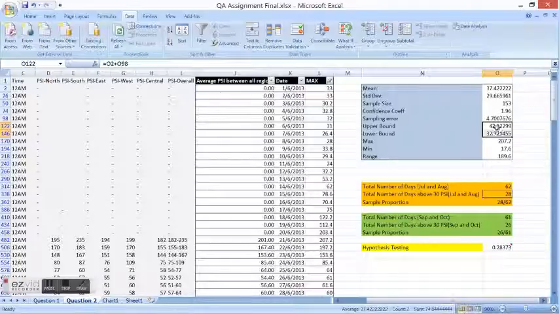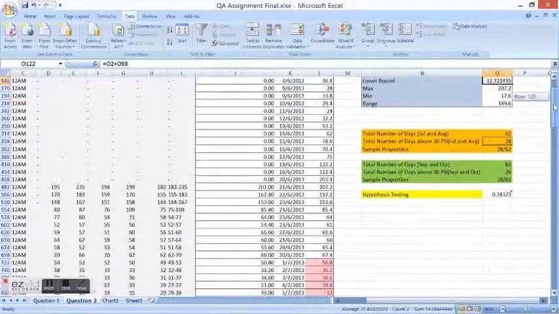The second part of the question is we are required to count the number of days where the PSI is more than 30.